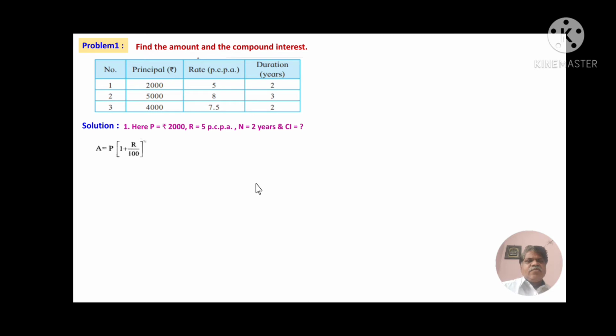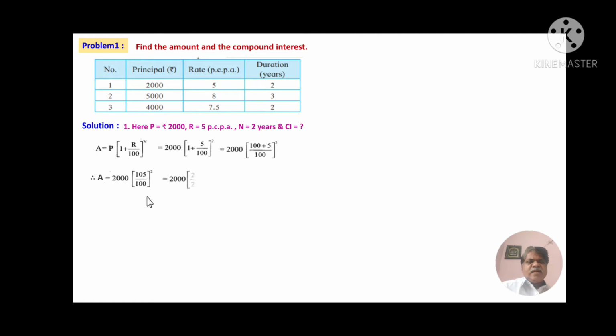We have A is equal to P into bracket 1 plus R upon 100 raised to N. Now we will substitute the values. We get 2000 into bracket 1 plus 5 upon 100 raised to 2. We will simplify the bracket, multiplying 1 by 100. So we get 2000 into bracket 100 plus 5 upon 100 raised to 2. We add the numerator. Therefore A is equal to 2000 into bracket 105 upon 100 raised to 2.